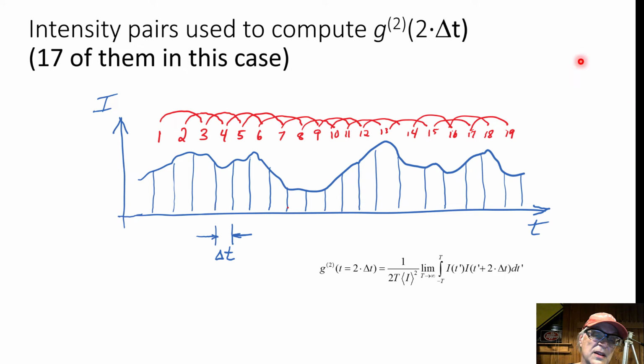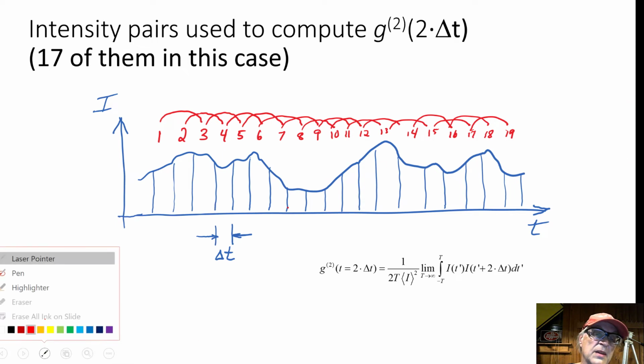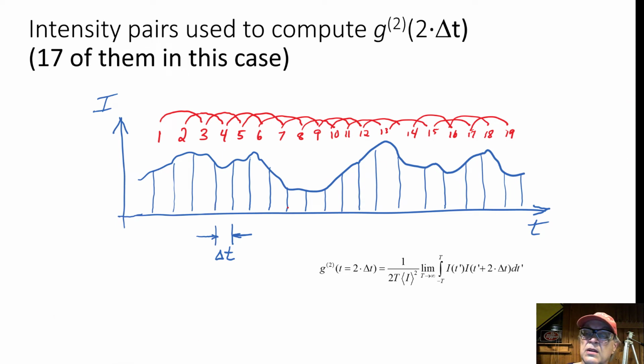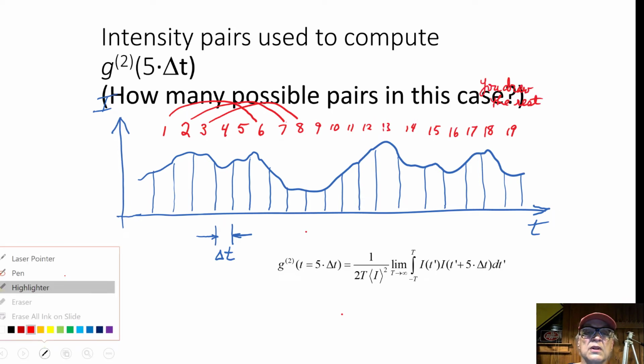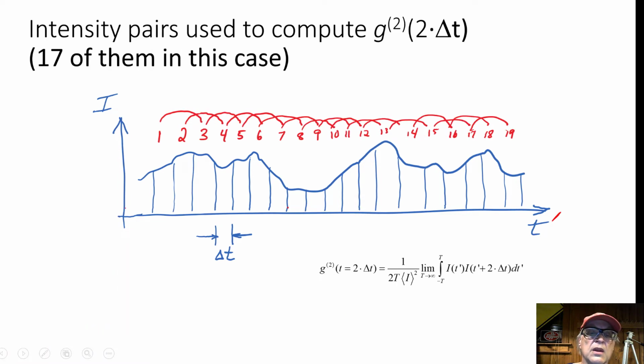Okay, so here we are. How do we make the value of the correlation function at a lag time of twice delta t?